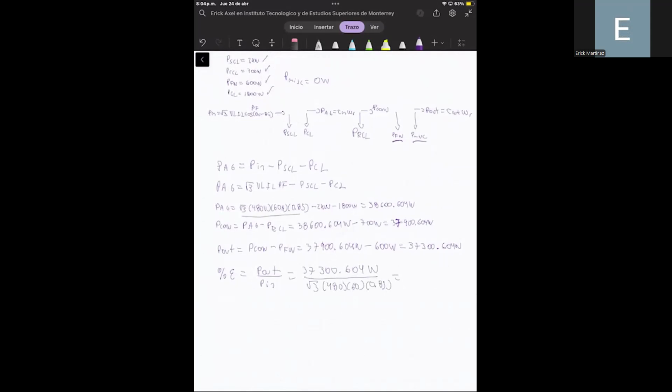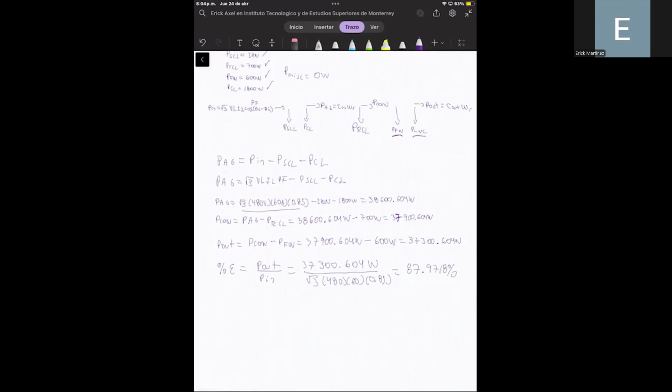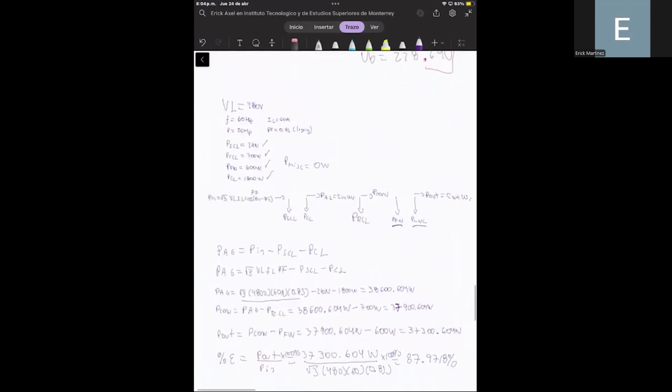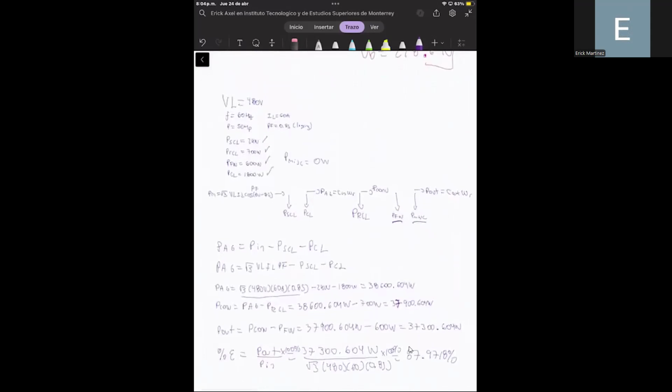And this is equal to 87.9718%. This is the efficiency of this motor. I forgot to place the percentage here, and I need to be completely clear about this result. We can use this information to know the efficiency, but you need to analyze this power flow diagram.